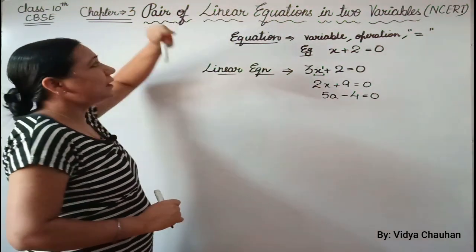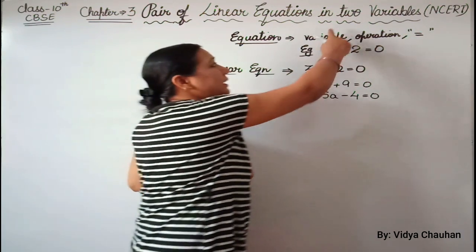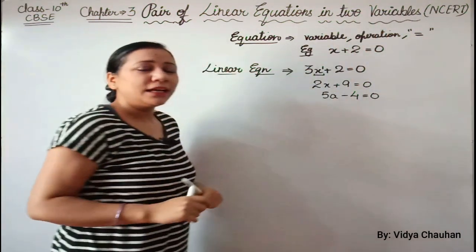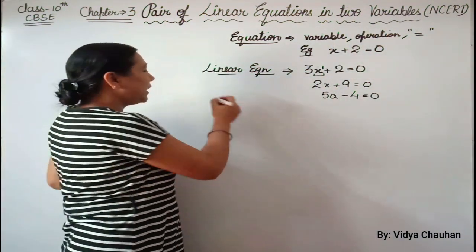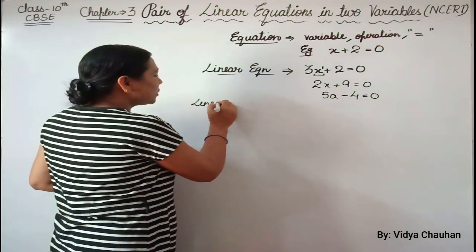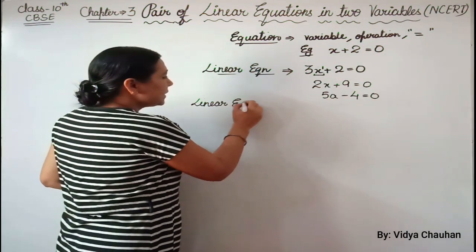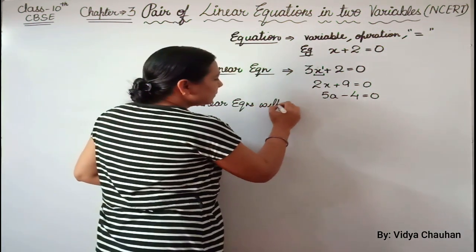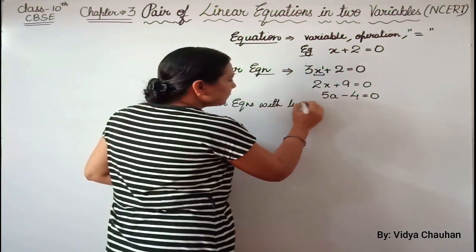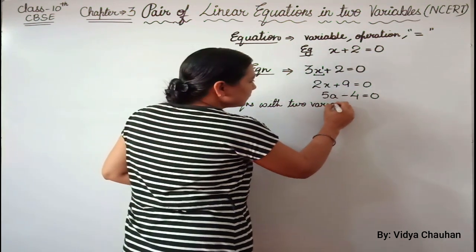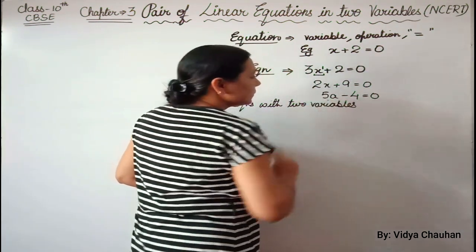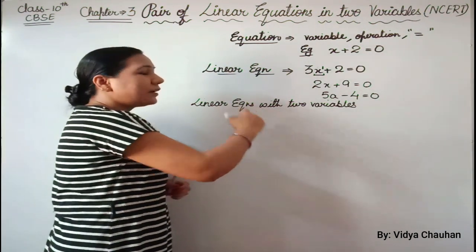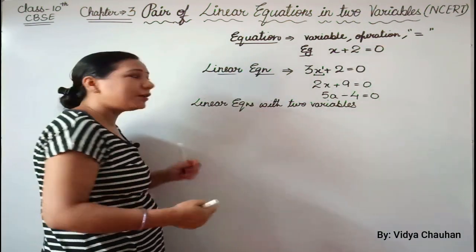Coming to pair of linear equations, and that is in two variables. Now we will discuss variables. The next is linear equations with two variables. So we have to make a linear equation with two variables now.